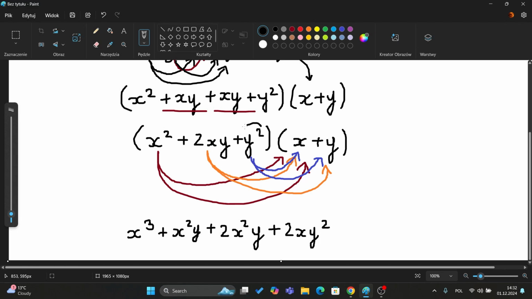And now the last one, we multiply the y squared by x plus y, which is plus xy squared, and y squared multiplied by y, which is y cubed.